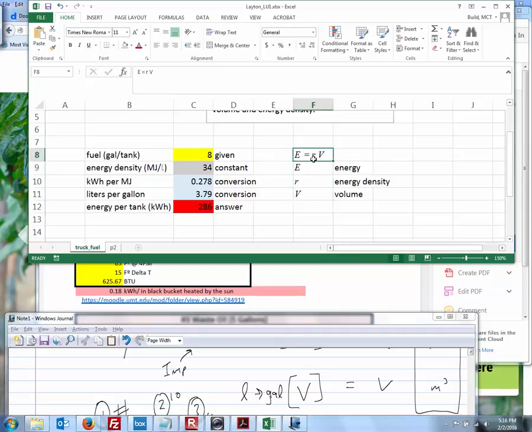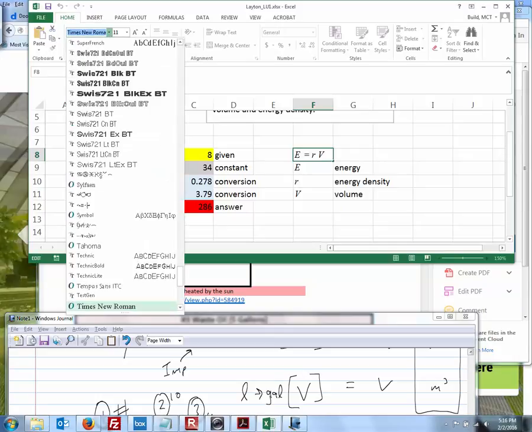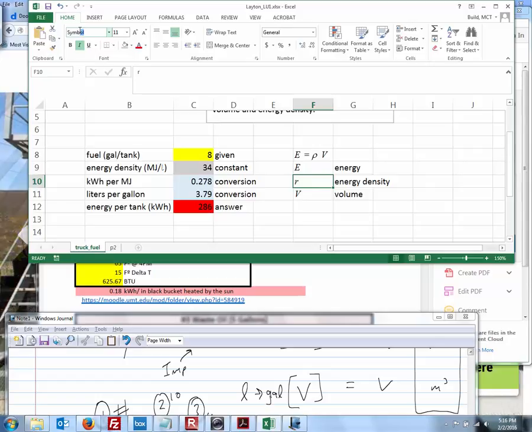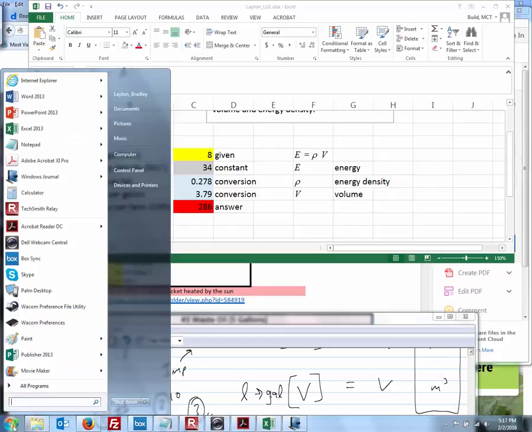Okay, now you're like, what the heck? Why is that an R when it's supposed to be a rho? Shift backspace, symbol. Oh, symbol. So fancy. And if you're like, gosh, I don't know what that letter is, well, here's a really super easy way to do it.